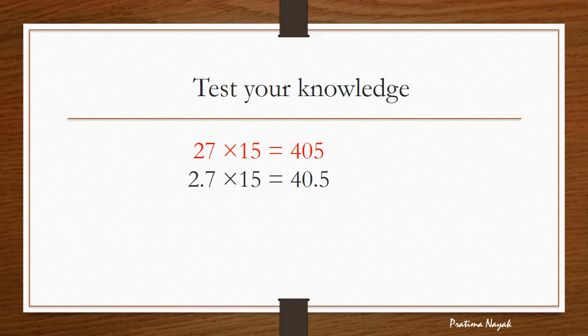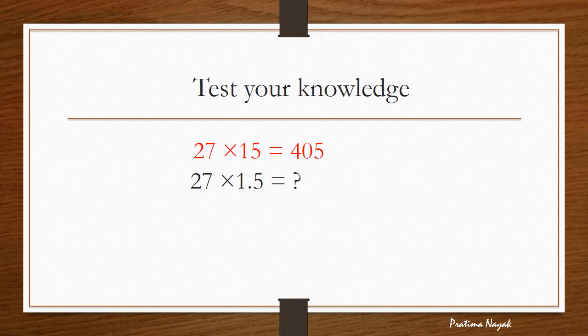It will be 40.5. Because how many digits are there after the decimal? Only one. So I'll put only one digit after the decimal.